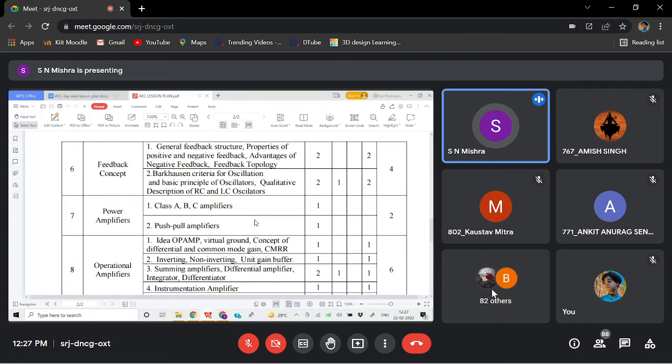Suppose we are designing one amplifier, and as I told you in the previous example, my target gain is 100. During the design process, I calculate the resistance, capacitance, and supply voltage values, and I implement it, and I see my gain is 80.